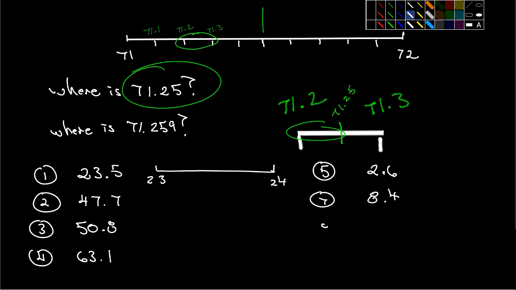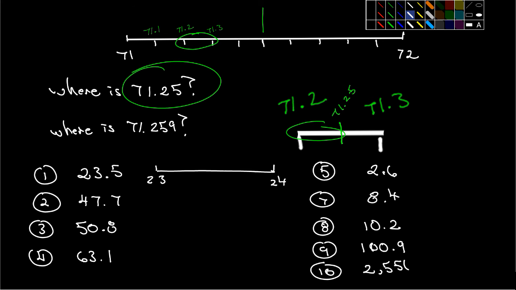Number 8 is 10.2. Number 9 is 100.9, and number 10 will be, how about 2,556.8.